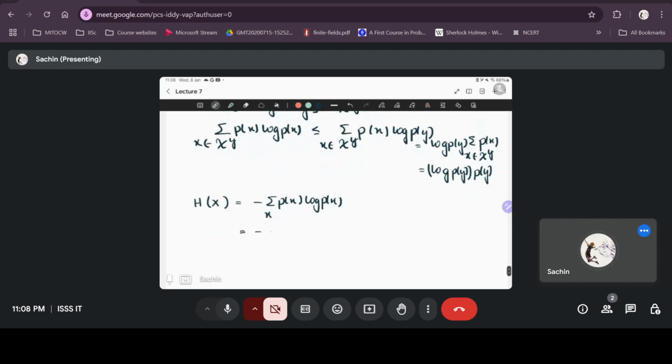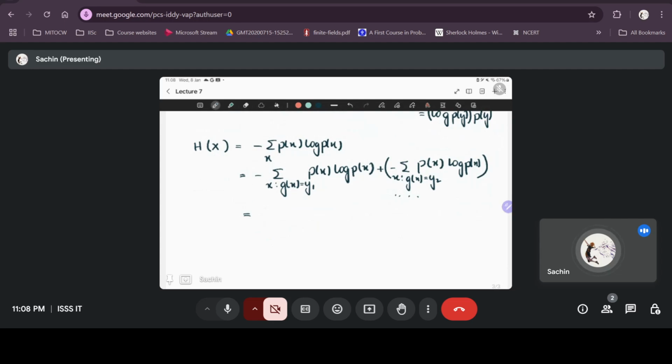You can split this sum into the sum over all x such that g of x is y1, of p of x log p of x, plus minus the summation over all x that go to the second value in script y, p of x log p of x, etc. Or in a simpler form, you first pick a value of y, then you sum over all those x's which go to that value of y, and the quantity you're summing is p of x log p of x.